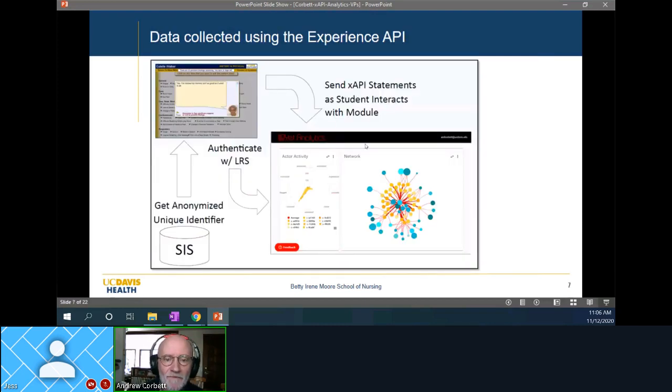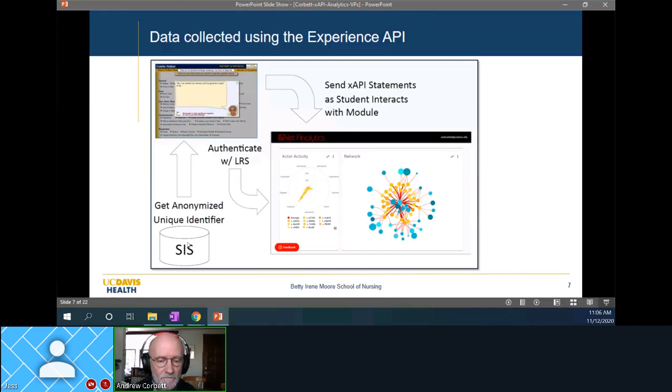So, xAPI. You guys know about xAPI. I'm not going to go a lot into this, but what you will probably be interested in is we actually got somebody in the IT department to create a little routine for us so that from Lectura, we were able to call this routine, pull back a unique identifier for a student that was not tied to any identifying information.